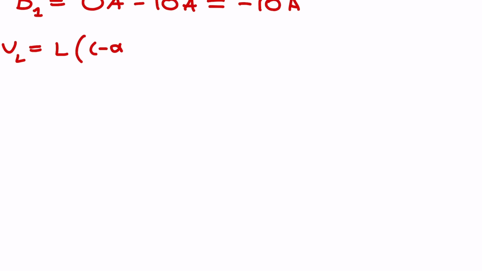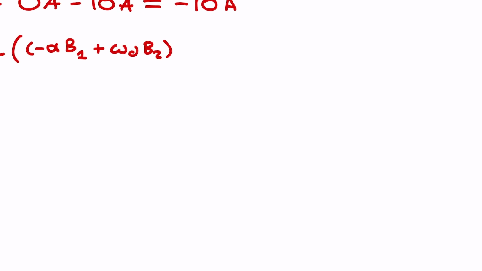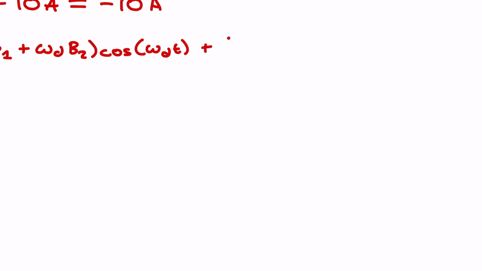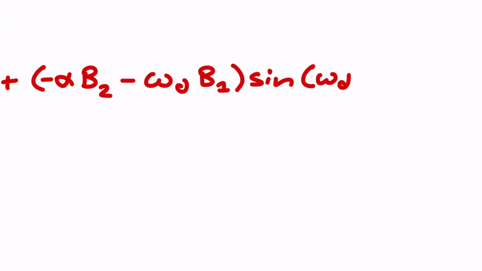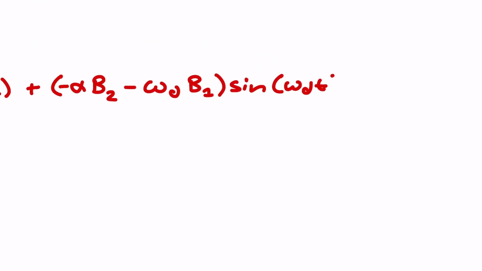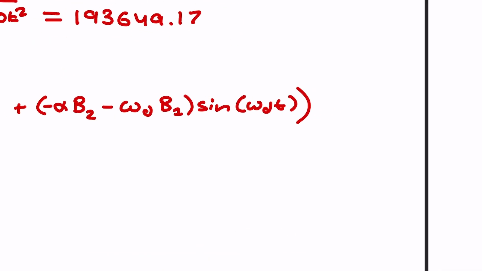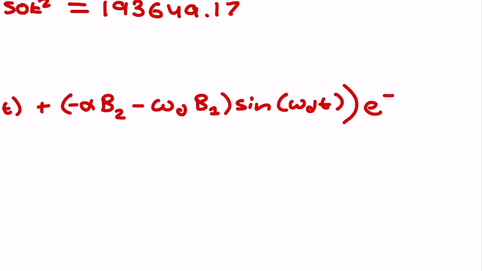Well, it's negative alpha B1 plus omega D B2, all of that times cosine omega D t, plus negative alpha B2 minus omega D B1 times sine omega D t, all of this times e to the negative alpha t.